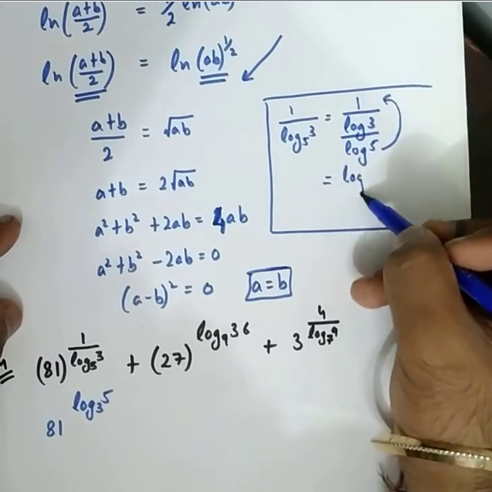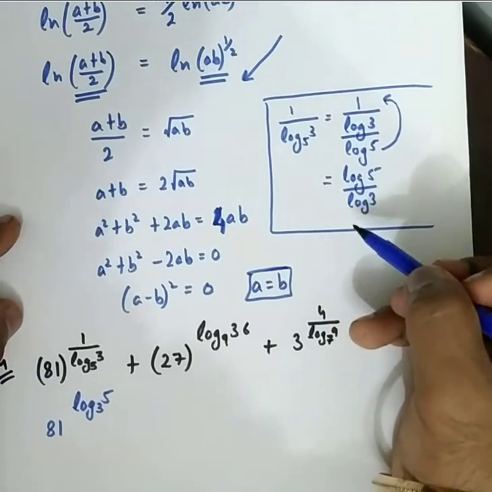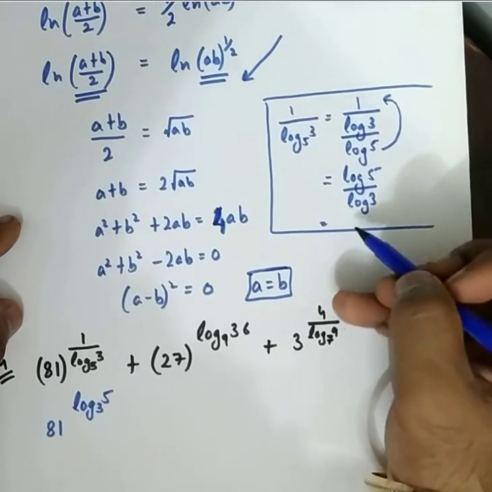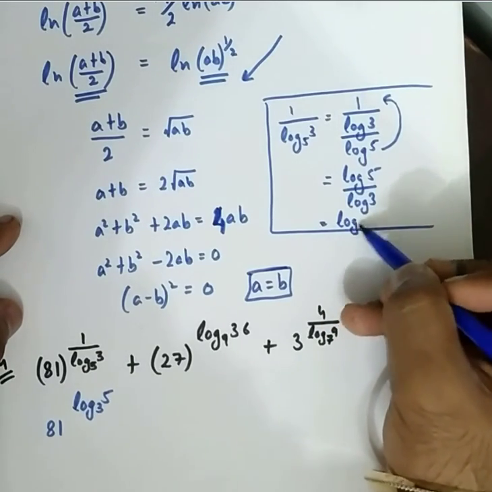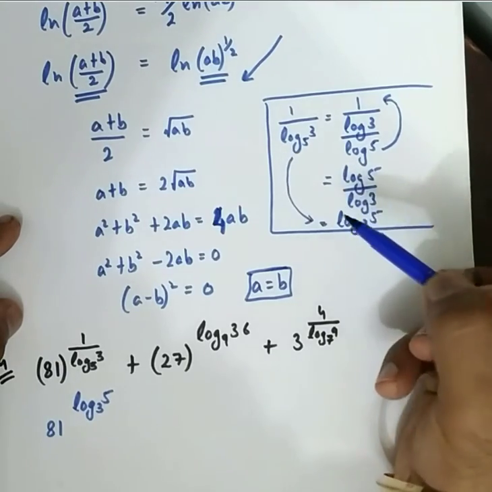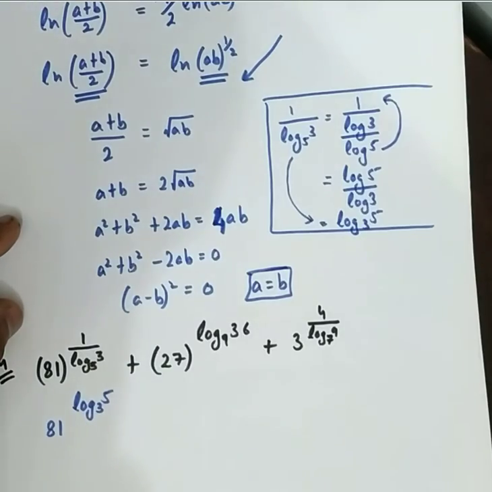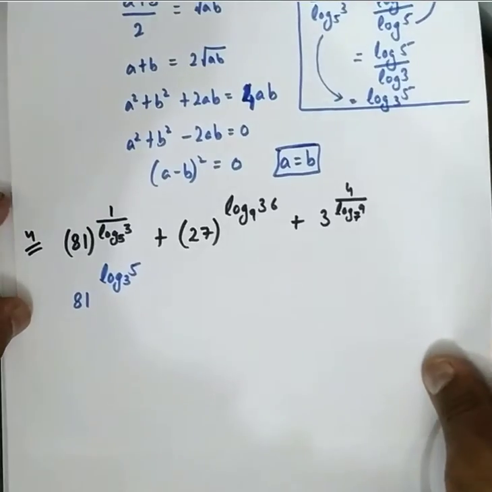This becomes log 5 upon log 3. Simple. And further, using the reverse process of the base change theorem, I can say log 5 base 3. So remember, if this reciprocates, then the base and the number interchange, and that is the simple application of base change theorem.